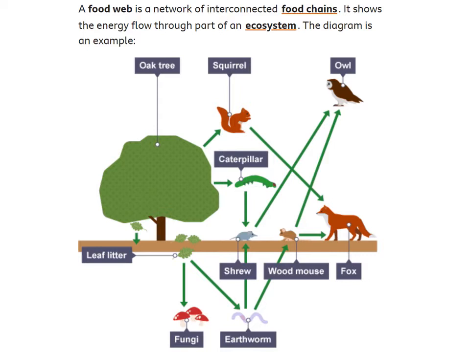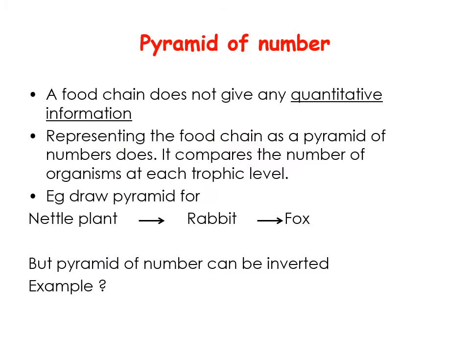Okay, so at GCSE as well, you studied the pyramids of number, biomass and energy. So I just want to recap those with you. What did they show, and were there any limitations to them? If we start with pyramids of number, these are just graphs basically.